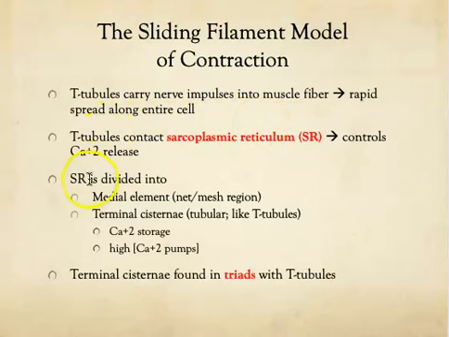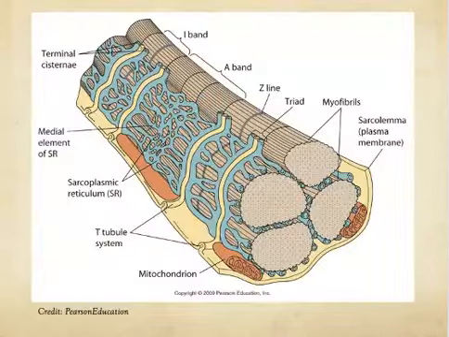Now, the sarcoplasmic reticulum has terminal cisterna in the triads. It also has the regions outside of that that are called medial elements. The medial element would be this region right here. Don't worry about that term, but you should know that where the sarcoplasmic reticulum comes in contact with the T-tubule, that's called a terminal cisterna, and there's one on both sides creating the triad.